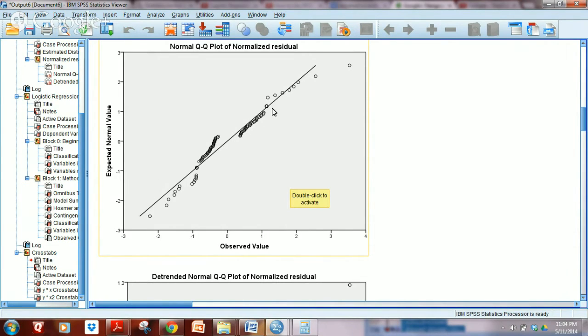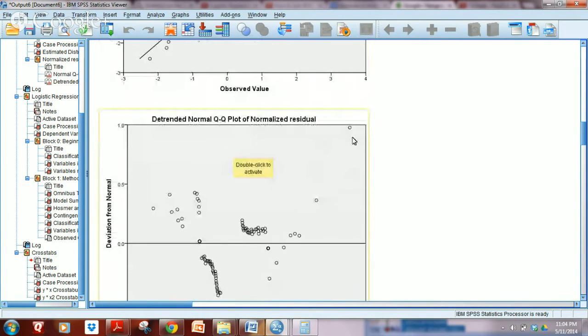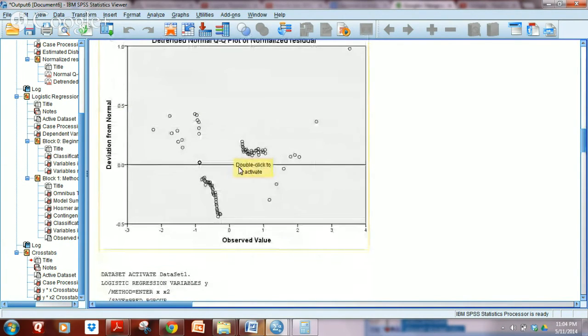It's also going to be violating linearity, where it should be following the line in a continuous manner, and there's clearly a break. When we're looking at the detrended QQ plot, we're seeing that there's obviously patterns. So normally we would see this kind of cloud, evenly distributed, no particular patterns, if we're going to say that we weren't violating assumptions, but we clearly are violating the assumption of homoscedasticity, for example. So the assumption of homogeneity of variance is being violated.